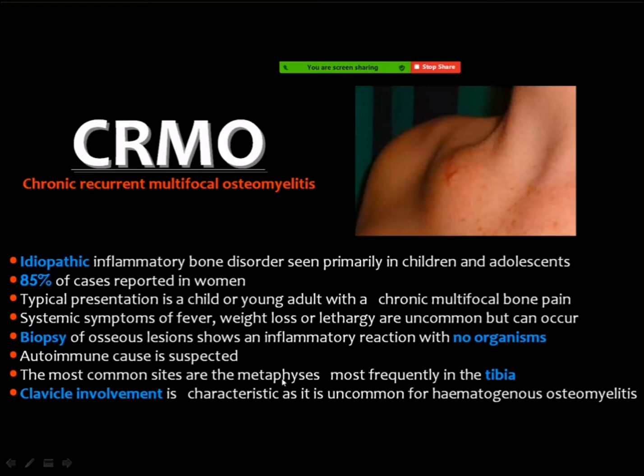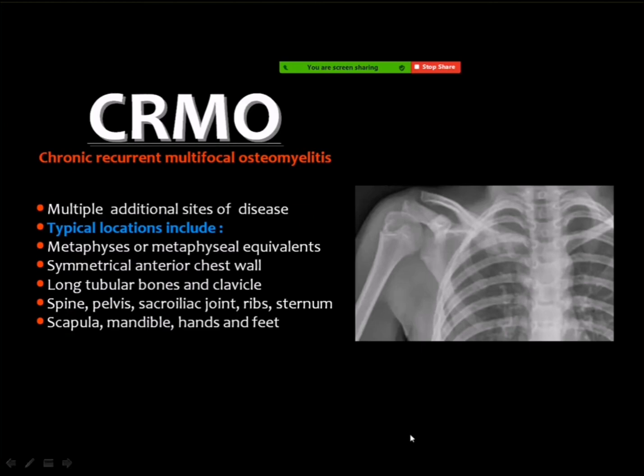The most common sites other than the clavicle are the tibia, and if you have a biopsy from these lesions, you do not see organisms. And this is a classic appearance of what's known as CRMO or chronic recurrent multifocal osteomyelitis.